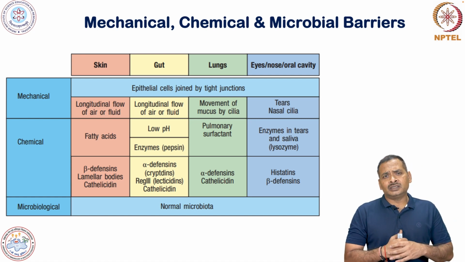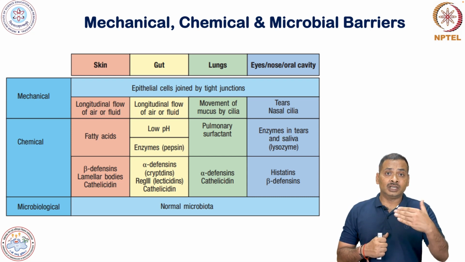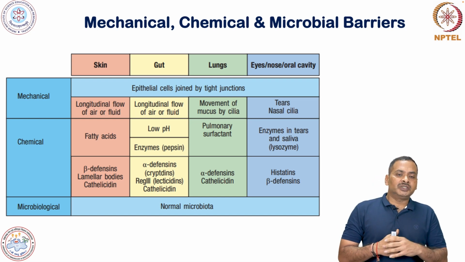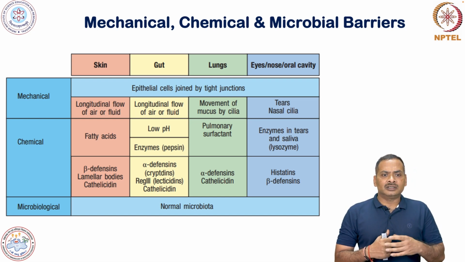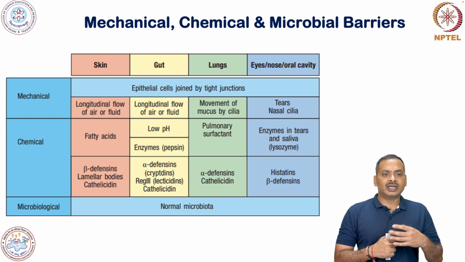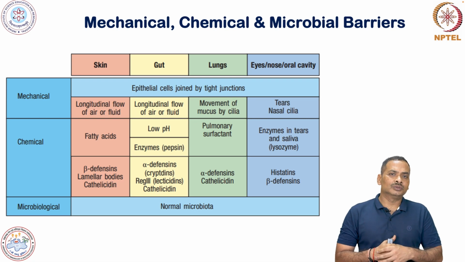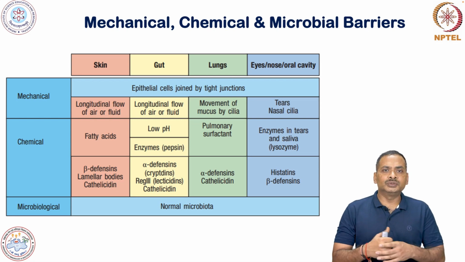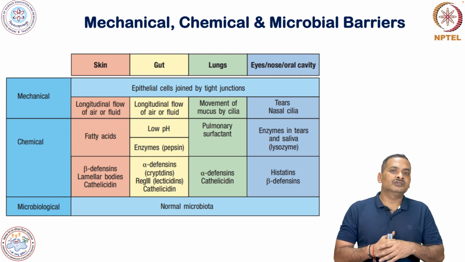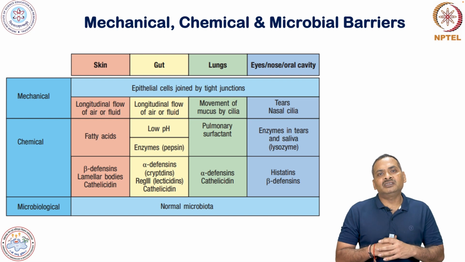In addition, there are some antimicrobial peptides like alpha defensin, which we call cryptdins, and regenerating islet-derived proteins, lacticidine, cathelicidin. All these antimicrobial peptides are also produced in the gut. There is a specialized cell you will see in a subsequent session, which we call the Paneth cell.